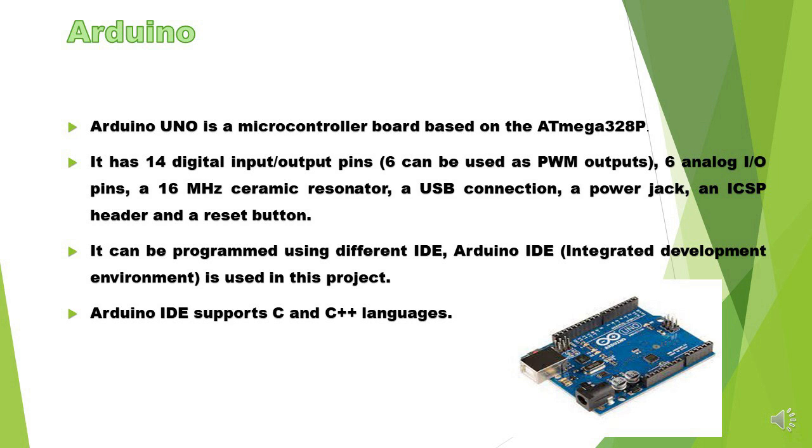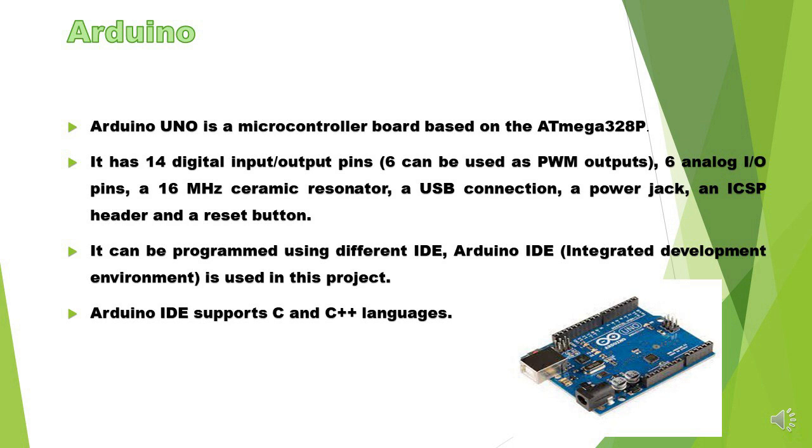Arduino Uno is a microcontroller board based on the ATmega328P. It has 14 digital input and output pins, of which 6 can be used as pulse width modulation (PWM) outputs, and 6 analog input pins.